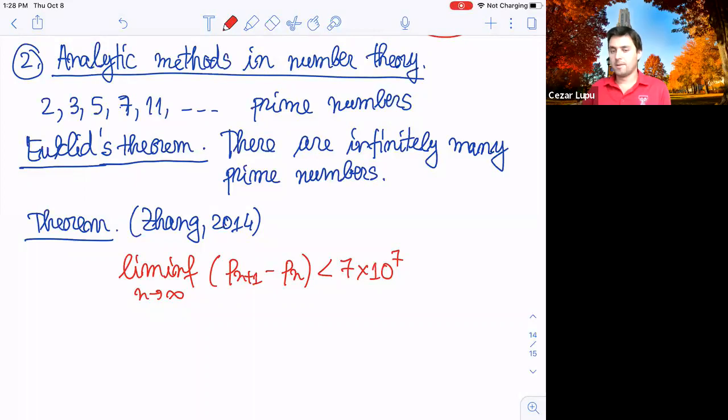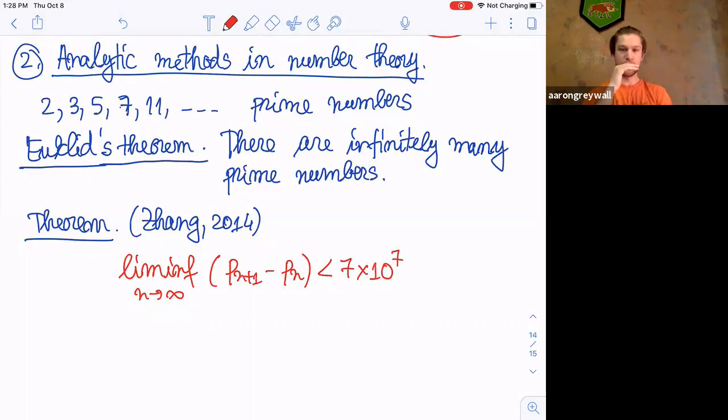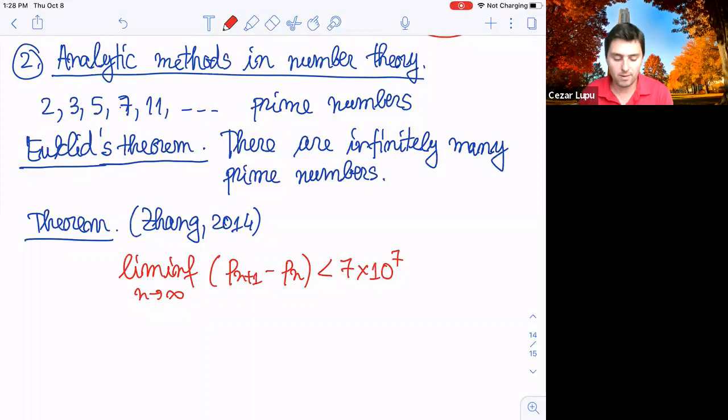So what you're saying essentially is that the difference between any two very large prime numbers is going to be less than that value, more or less. Yes. For example, try it for some very large values, like some billions, and you will see that the difference of these two will be less than that value.